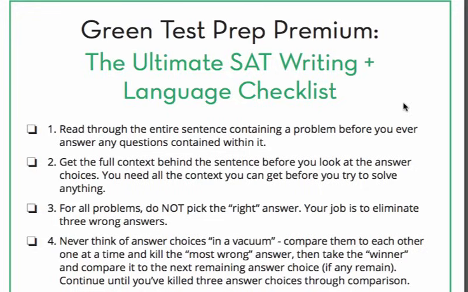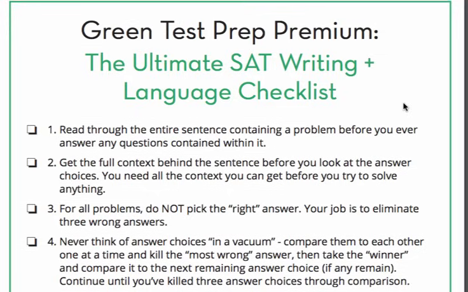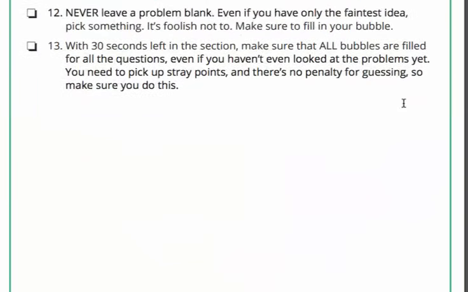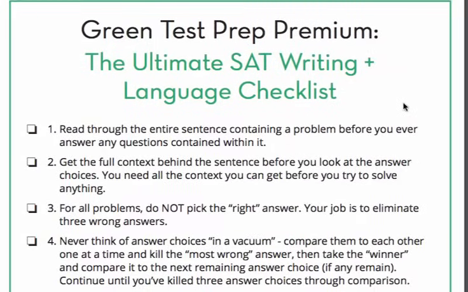So for today, what I would love you to do if you have the time is before you even go to sleep, see if you can go through just 2 passages, check out the checklist first, read the whole thing, print it out, look at it, watch my video, and then go through this on your own and obsess over the concept of elimination, of picking shorter answers because they're clearer, right? And of doing everything I did in this video. And very quickly, the ACT and SAT writing and language sections or English sections are going to be an absolute walk in the park.